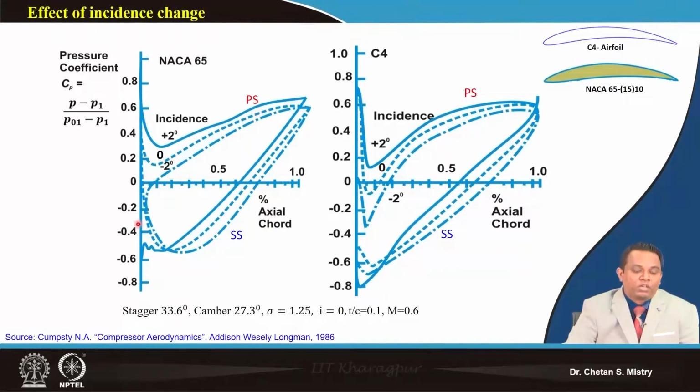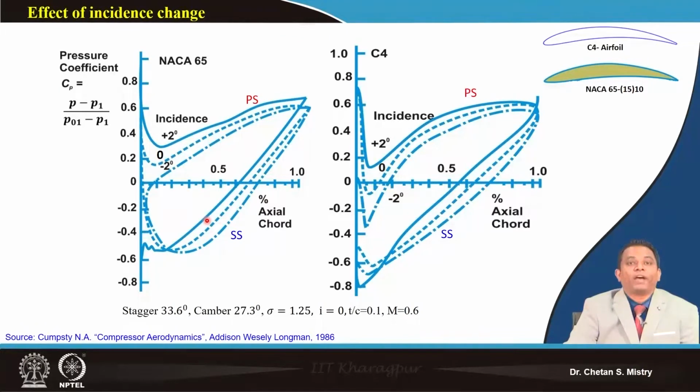Near the suction surface I will have great acceleration, and that continues up to maybe 20% of my chord, and later it gives deceleration to my flow. So if I take the area under this dotted curve, that represents the pressure rising capacity of this particular aerofoil at 0 incidence angle.